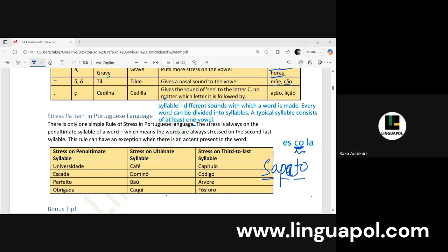And where will you put the stress? Pa. Right. So can you pronounce the word? Sapato. Yes, all of you are correct. This is how we pronounce it.